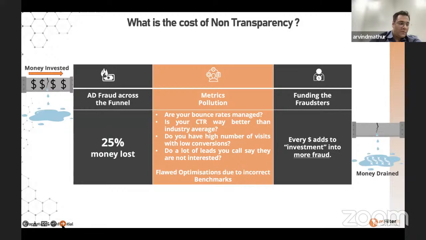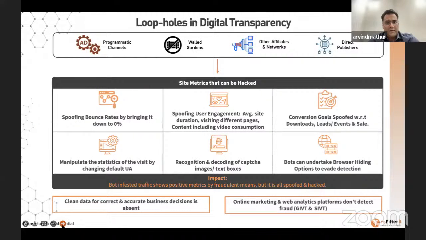So I think the overall loopholes impact a lot of other areas beyond just draining your media budget. And trust me, if you actually search online, you will find enough tools that are available that can actually impact sites, hack sites.